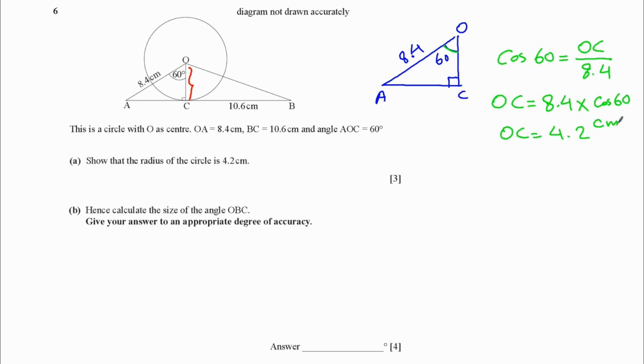Part B says, hence calculate the size of the angle OBC, which is here. Again, we need to reduce the question to smaller bits. This time, I am going to consider the triangle OCB.